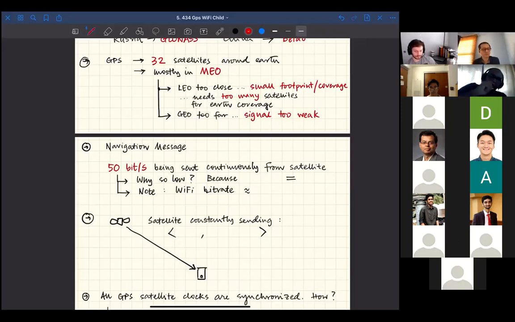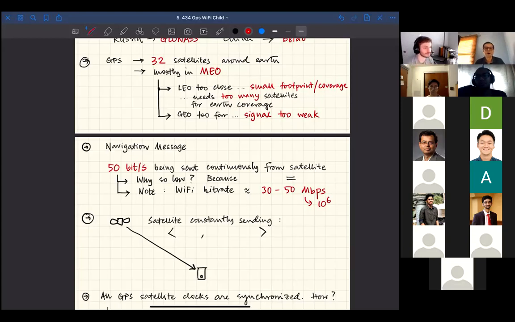Why so low? I mean, you know, right? Today's Wi-Fi bit rate is easily around 30 to 50 Mbps, right? Mega is 10 to the power 6. So in some sense, the Wi-Fi data rate is 1,000,000 times higher than the satellite data rate, right?